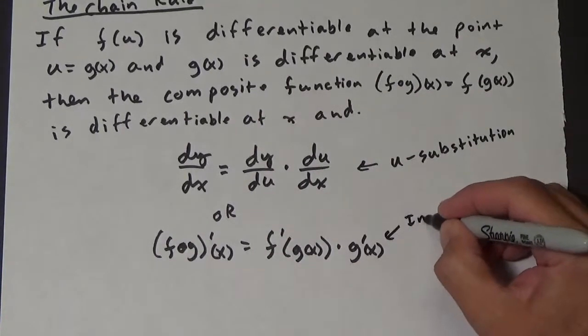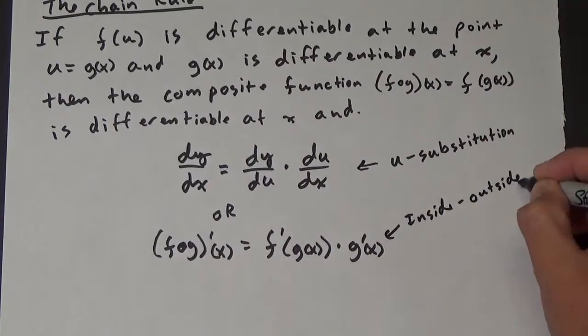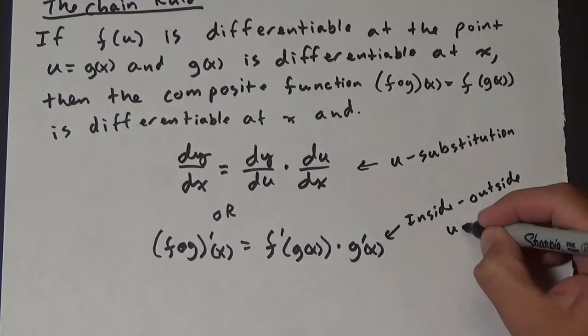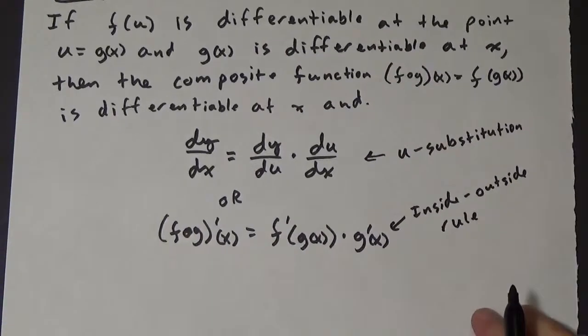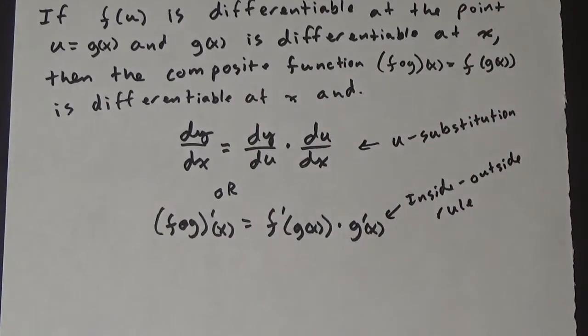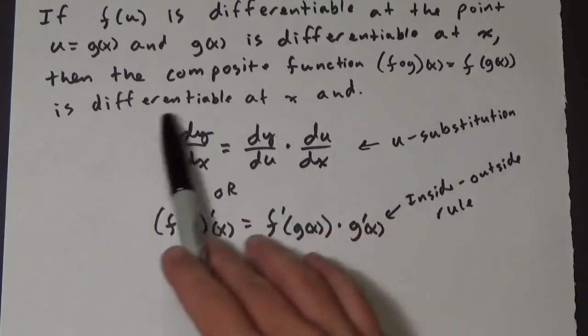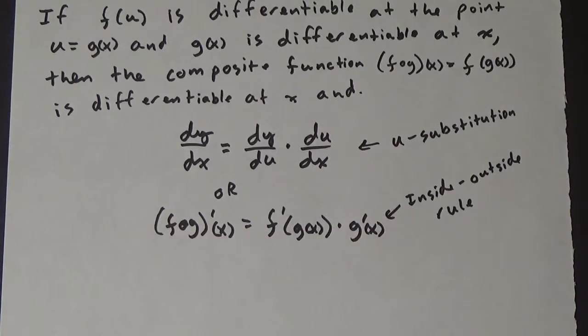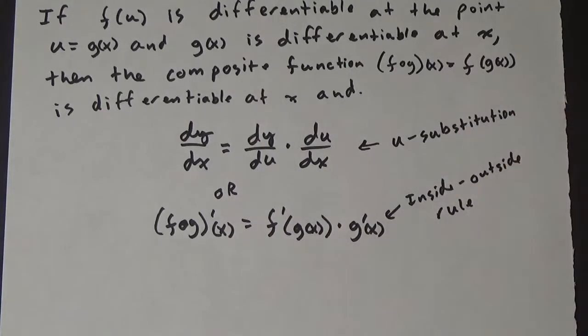So we'll say inside, outside. And actually you could probably call it outside inside, doesn't matter. That's not an official name, unlike u substitution, and we'll look at an example of this too.